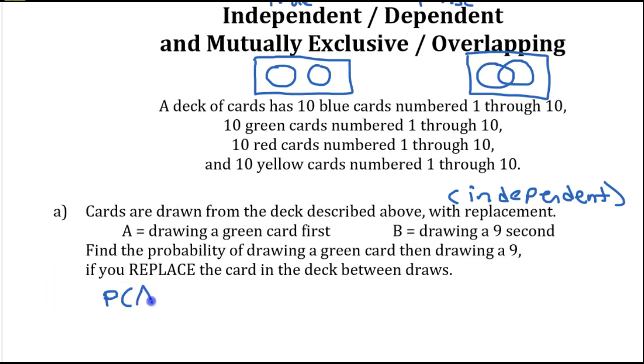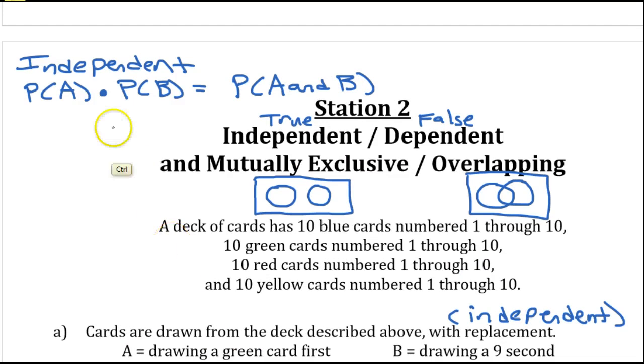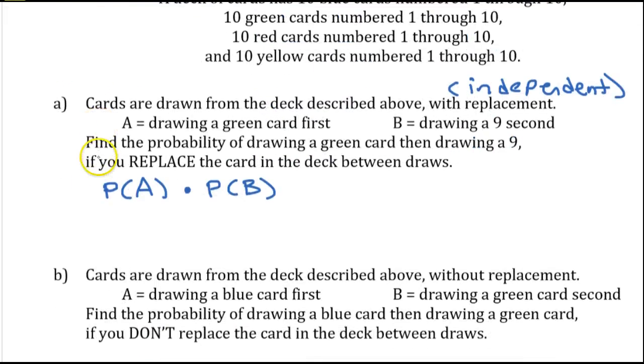So that's the probability of A, times the probability of B. And again, I'm just multiplying because the probability of both of these things happening in a row, we're supposed to multiply according to the formula.